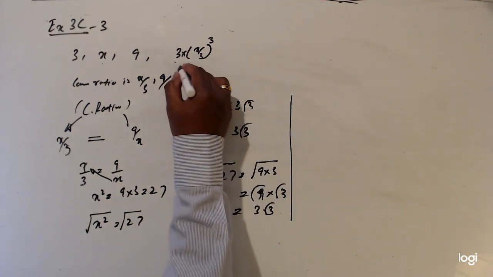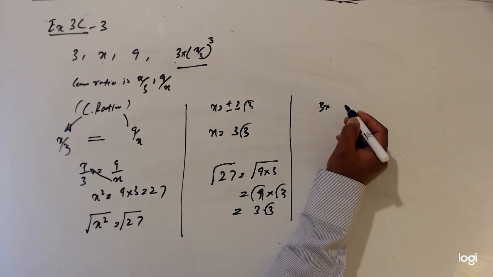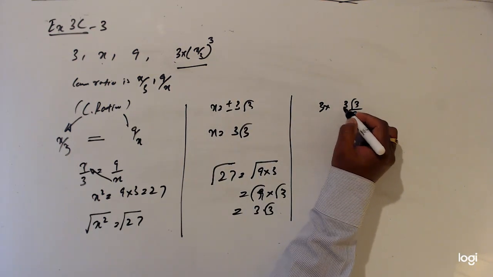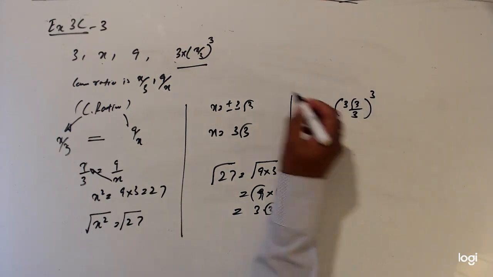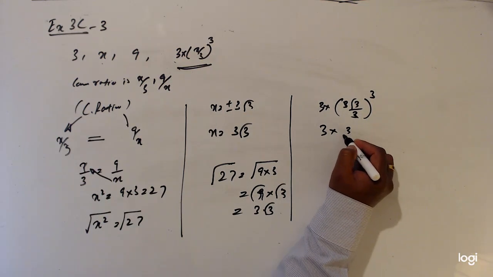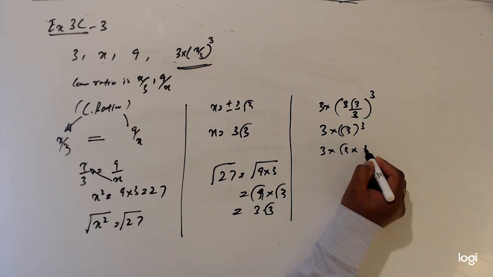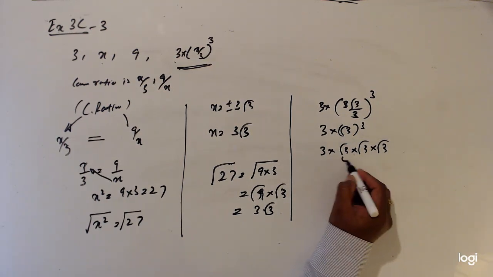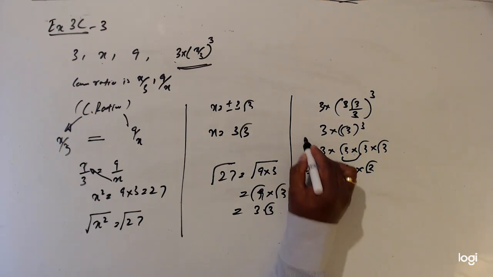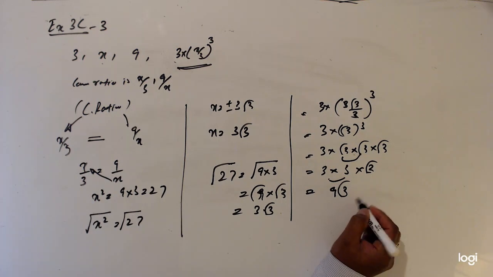So the fourth term is 3 times the x value, 3 square root 3 over 3, to the power 3. So this 3 cancels out, square root 3 to the power 3. It means 3 times square root 3. So this becomes 3 times 3, 9 square root 3.